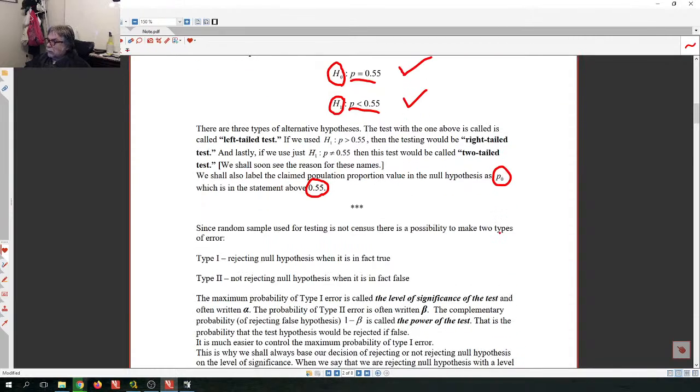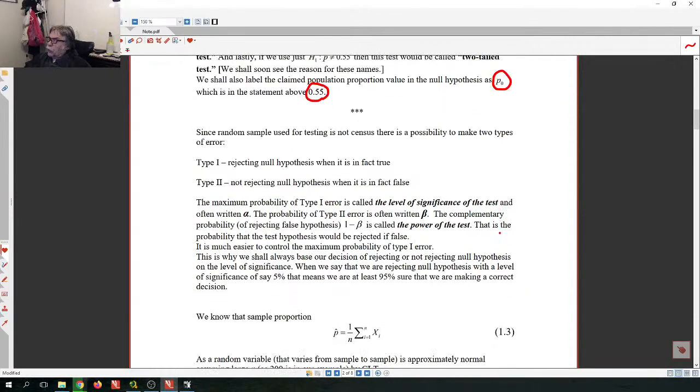Now, we need to get some test statistic, and we need to get some rejection criterion. How are we going to decide? First of all, let's think about what kind of mistake we can make. We can reject the null hypothesis when it is actually true. This is like in a court proceeding, you're convicting, rejecting the innocence.